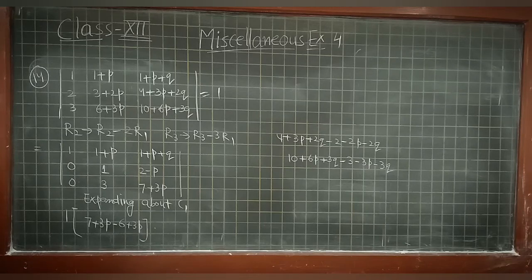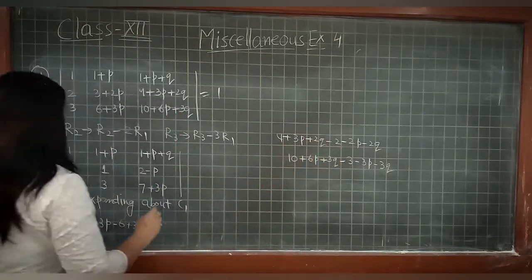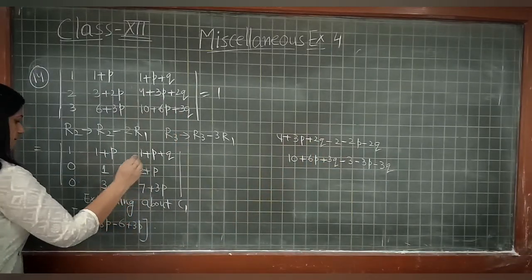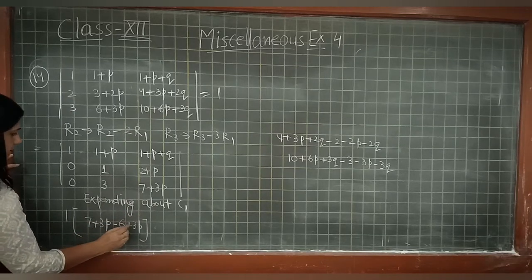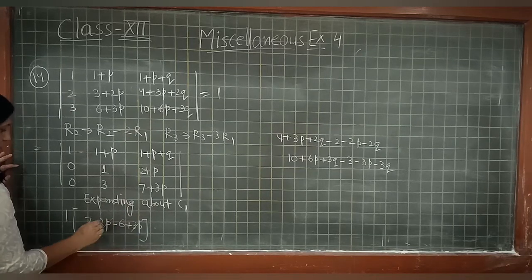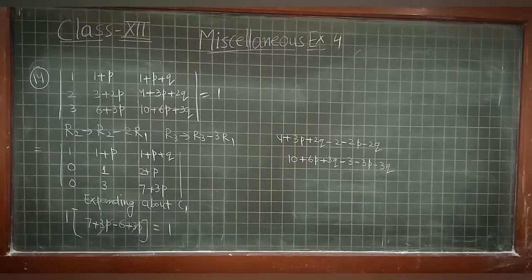It is 2 plus P because it is 3P minus 2P. Okay, 2 plus P. Okay, so here now you will get minus 3P. So these two are cancelled and that is equal to 1. Okay, so now come to the next question.